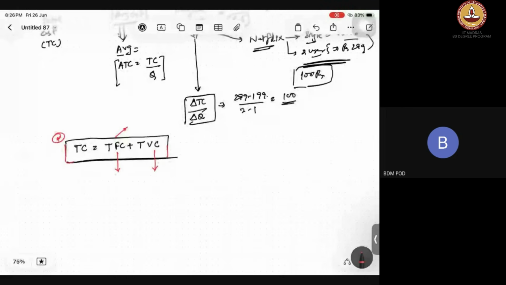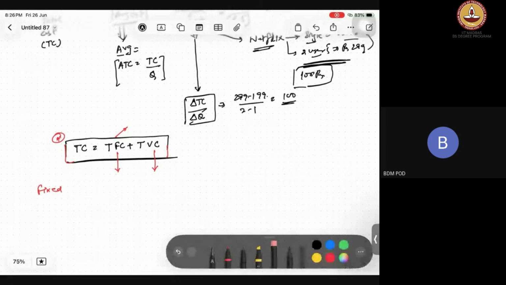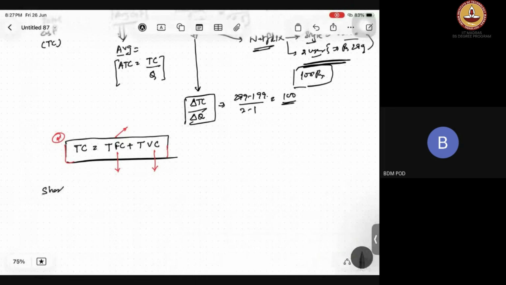Now coming to the shorter run, I'm going to define fixed cost. We are not thinking about a long term thing, we are thinking about a short term thing. As I previously told, it is not possible to expand the cloud kitchen in 2 to 3 days.